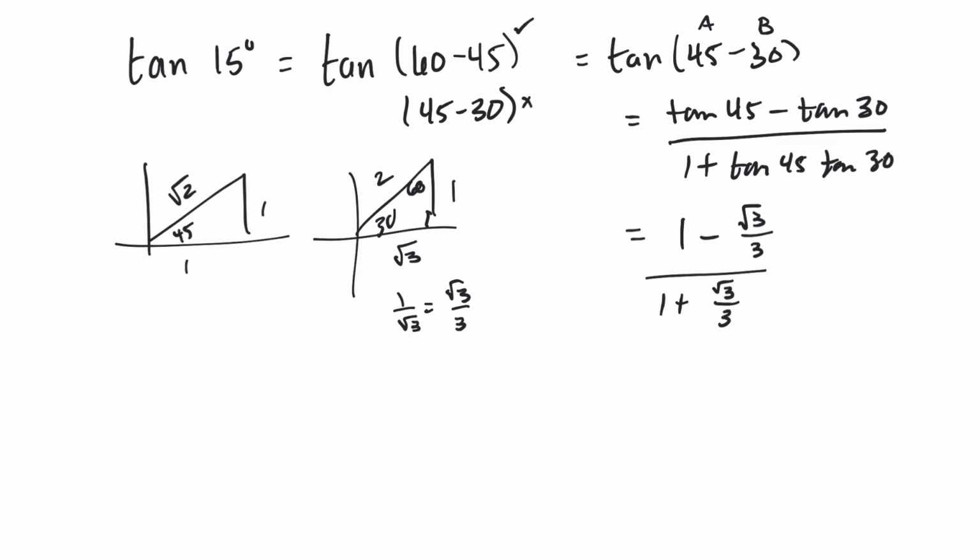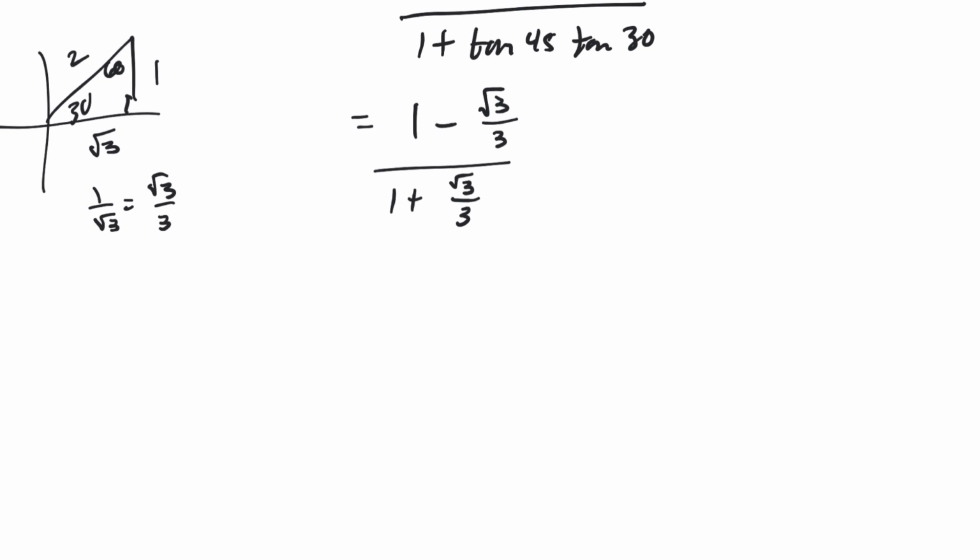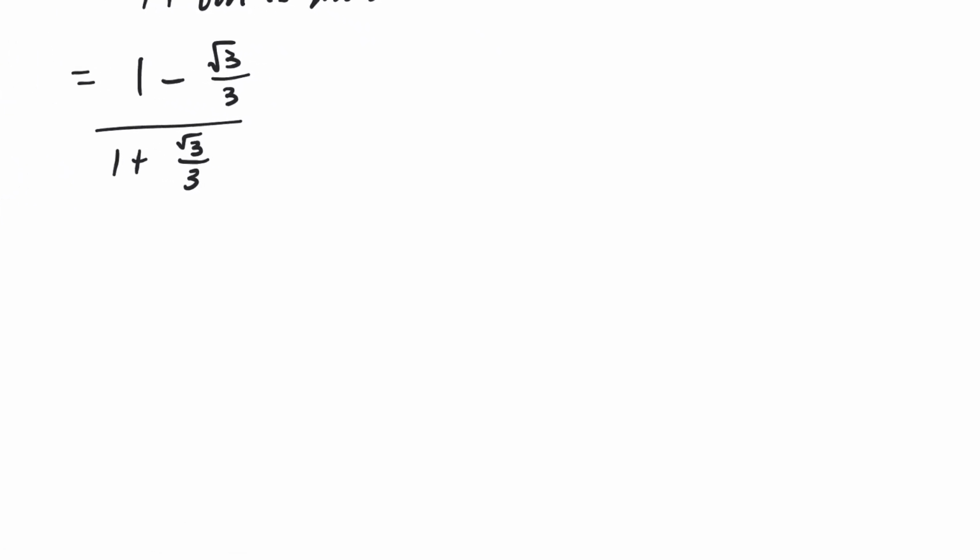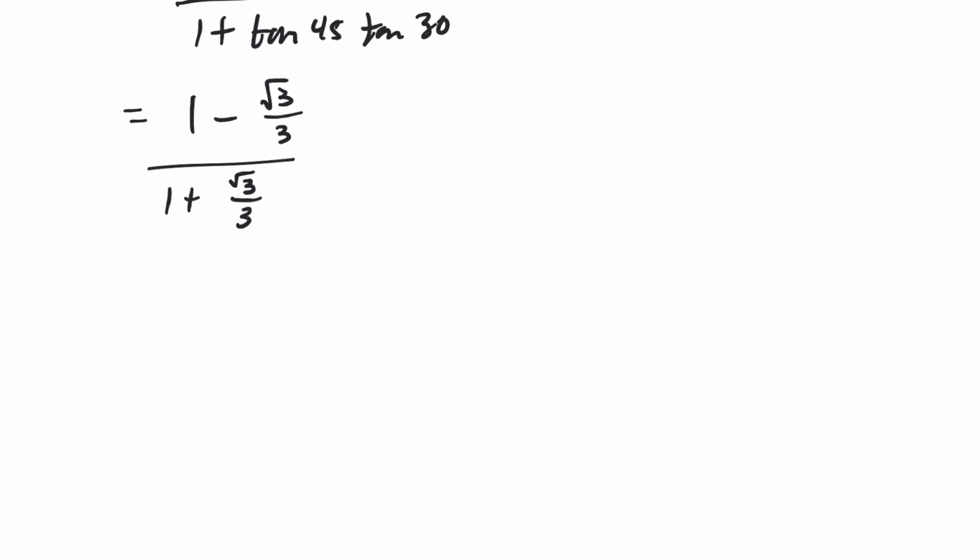So I end up with a fraction that looks like this. And what I want to do is basically simplify that expression so that I don't have a radical left. So I need to get a common denominator and work this out. What we're going to do is change that 1 to 3 over 3. And that allows me to bring those together, and we end up with 3 minus root 3 over 3.